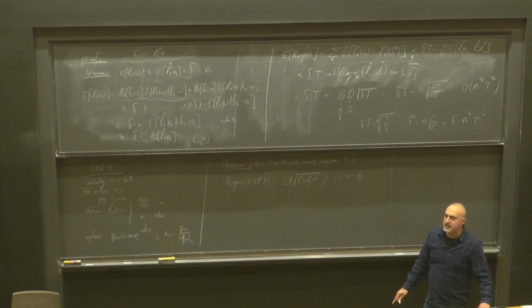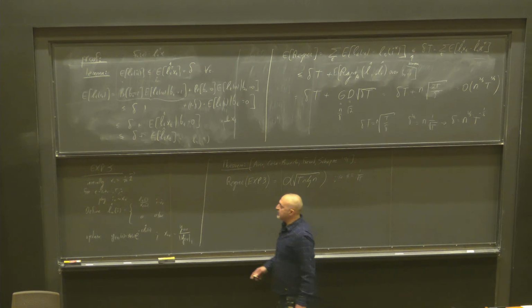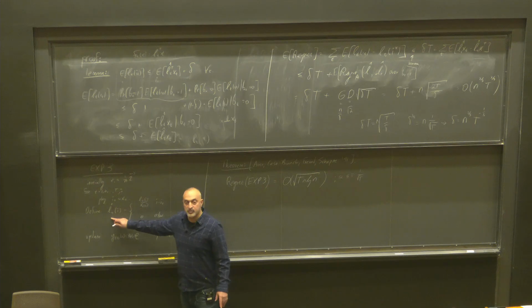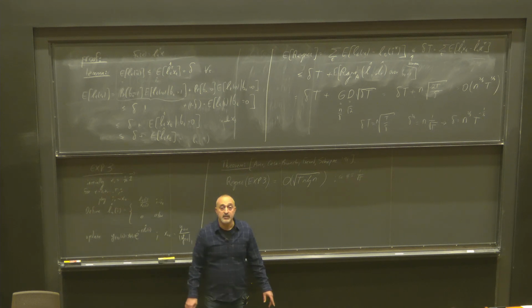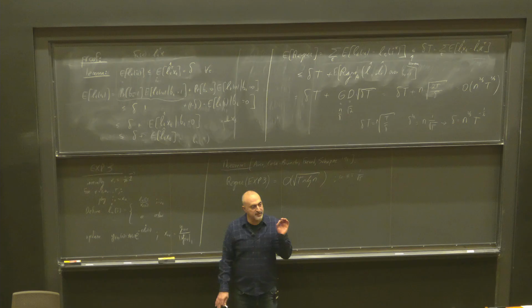So basically, it's easy to prove that the regret over the L hats is what we want, but here's the issue. The expectation of the L hats is what? Expectation over the choice of I_t. Yeah. It's L_t, it's unbiased. Nevertheless, the magnitude of it can be very large.